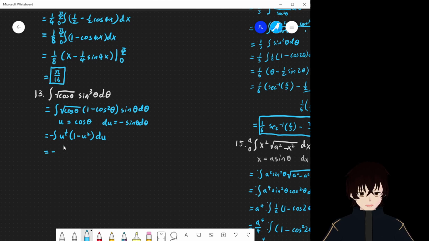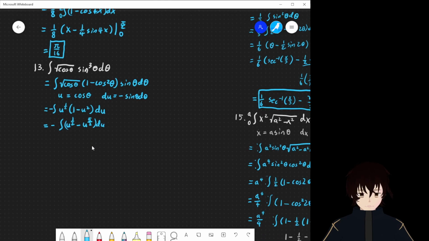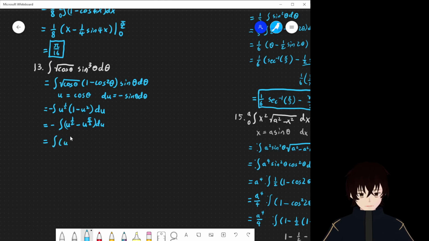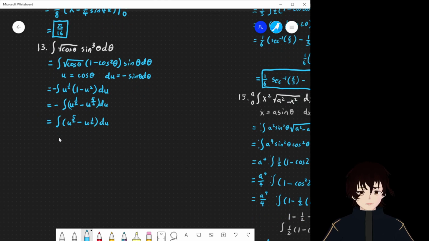Now rewrite that again, we get the integral of u to the power 1/2 minus u to the power of 5/2 du. Let's factor in the negative. We get the integral of u to the power 5/2 minus u to the power 1/2 du. Now we can integrate this.